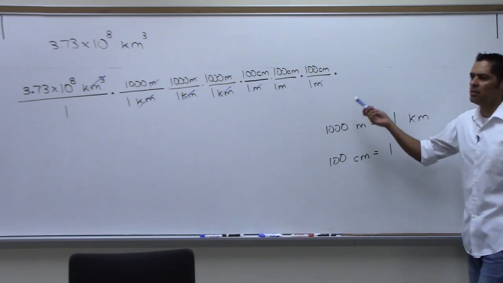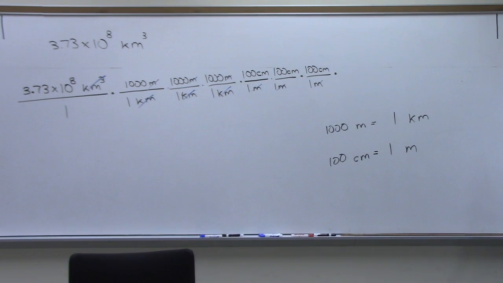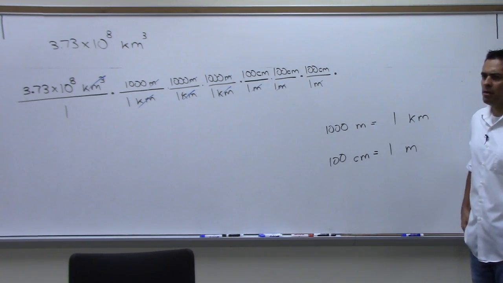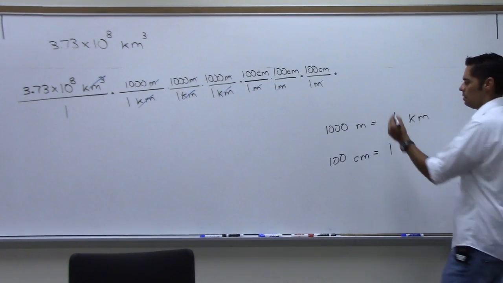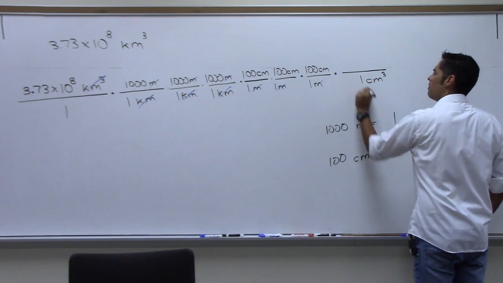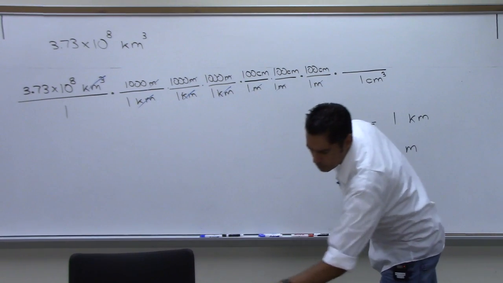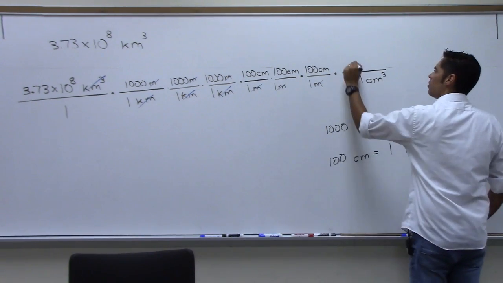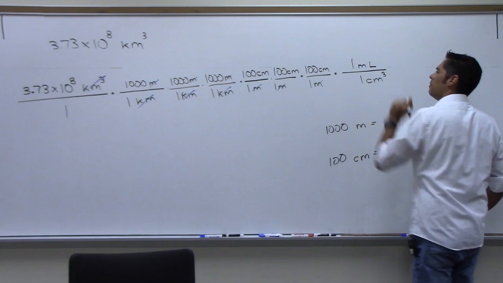And those 3 centimeters together are centimeters cubed, aren't they? And what do I know about centimeters cubed? I erased it here, but centimeters cubed, one of them is what? 1 milliliter. So 1 ml on top.